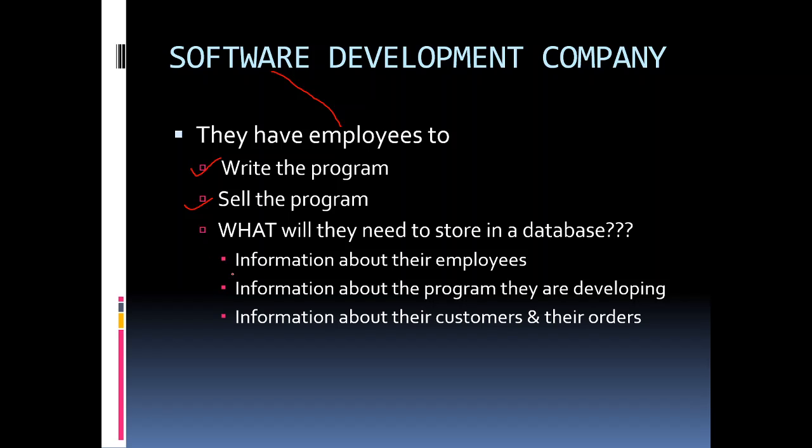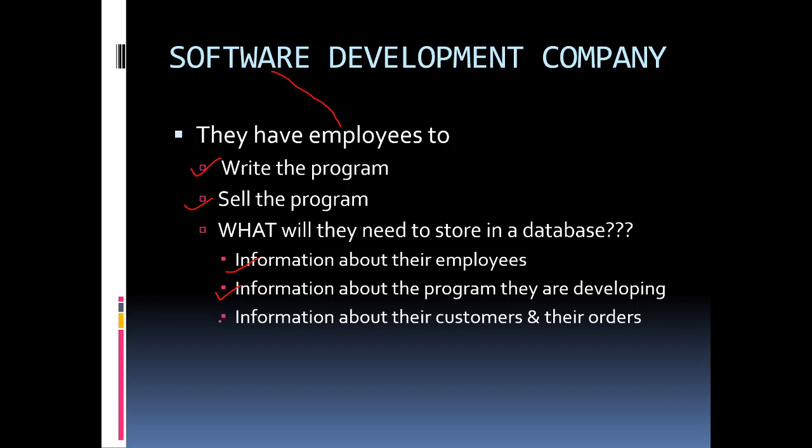Of course, they will need to store the information about their employees: their names, addresses, the amount they get paid, their bank account details, etc. The next thing that can be stored is the information about the programs they are developing. For example, the names, people working on them, the type of program, the release date, etc.